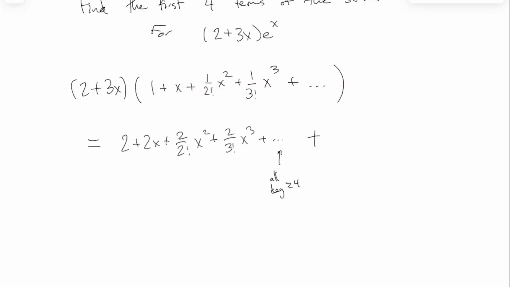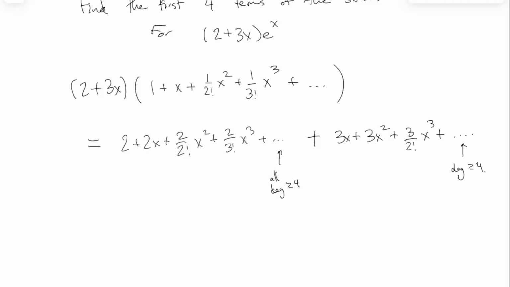So 3x times 1 is 3x. 3x times x is 3x squared. 3x times 1 over 2 factorial x squared is 3 over 2 factorial x cubed. 3x times the next one, actually, you don't even have to do the next one. These are all degree greater than or equal to 4 also, right?